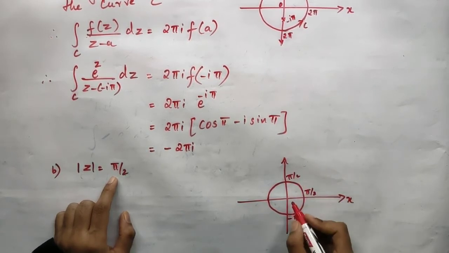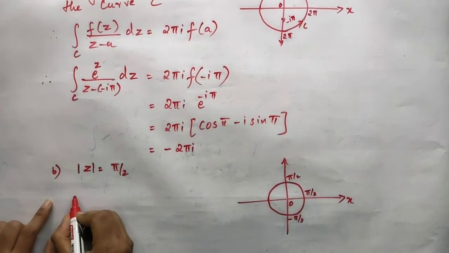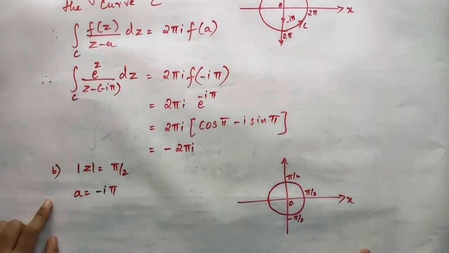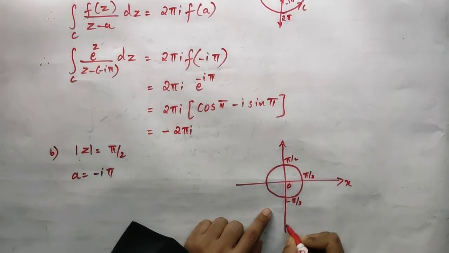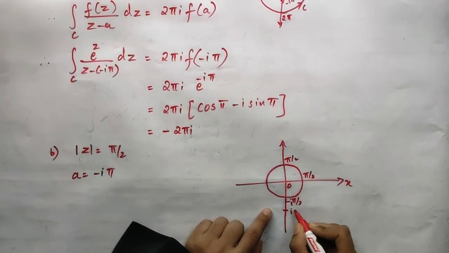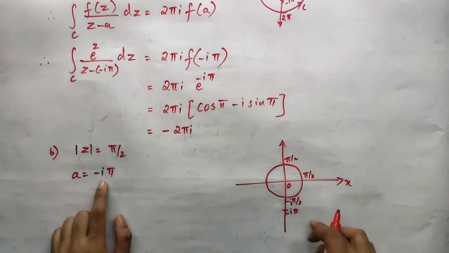Here also it is pi by 2. This is the origin for you. Now the point A is equal to minus I pi. Where is it? It is beyond this. If this is minus I pi by 2, I can write minus I pi comes here, which is outside the circle.